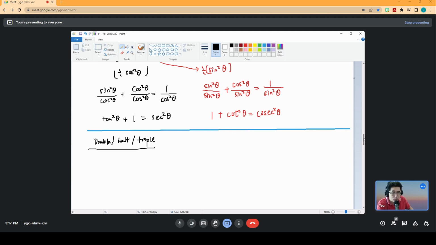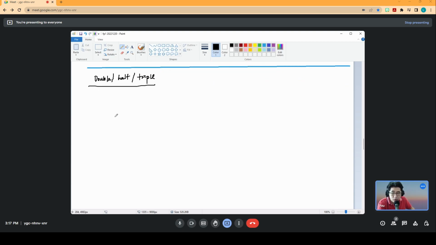Over here, the first thing that we want to look at is sine of 2 theta. We read it as sine of theta plus theta. Since it's in the form of a plus b, I have sine a cos b plus cos a sine b.